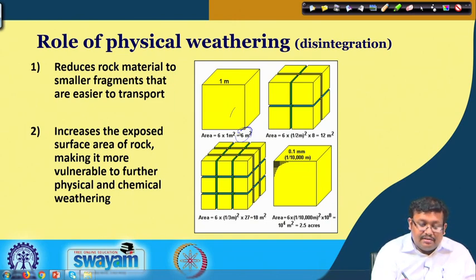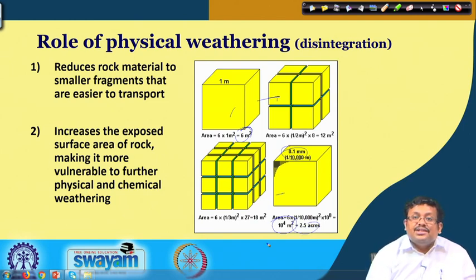If this is a parent rock from which soil is formed, physical disintegration further decreases the size of the rocks, and ultimately it will reduce to very small fragments. For example, in this case there is another cube with the size of 0.1 millimeter. Now, as you can see here, the total area goes to 10,000 square meters. So, that is equivalent to 2.5 acres or 1 hectare of land.